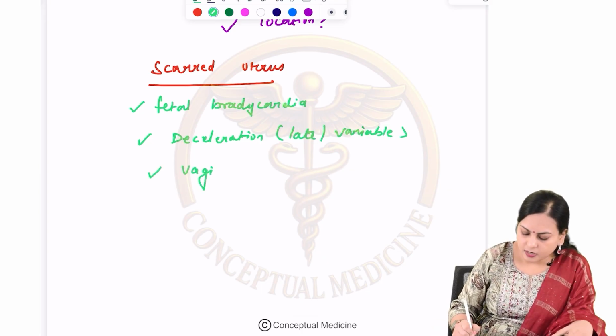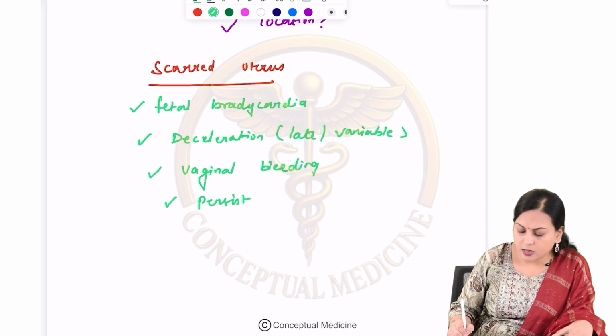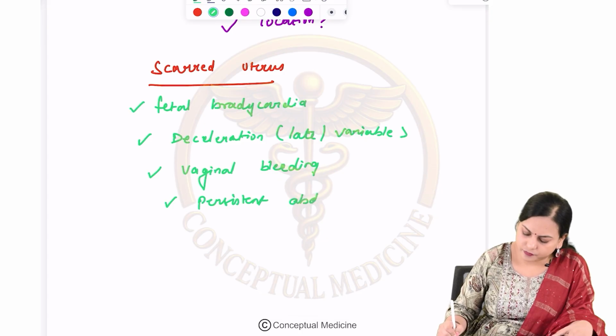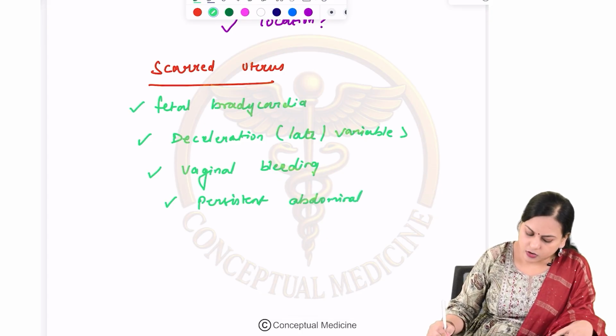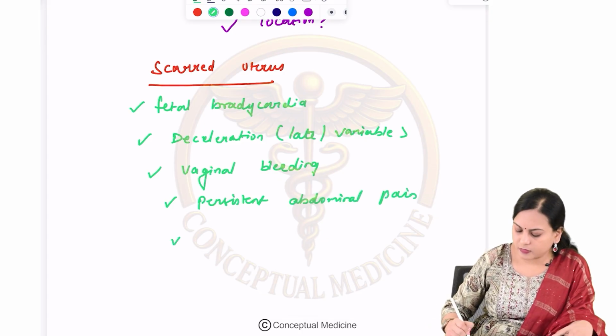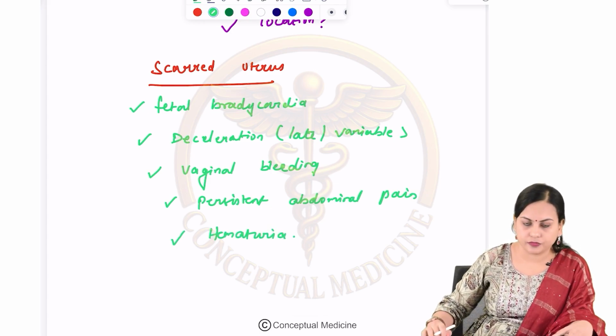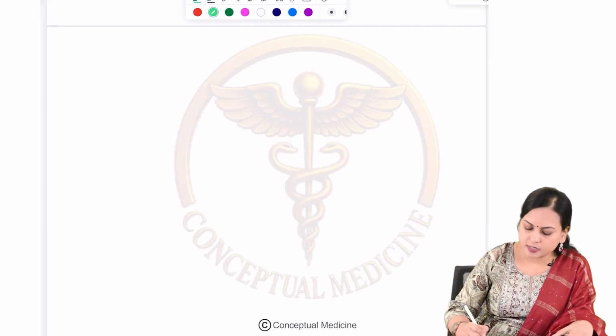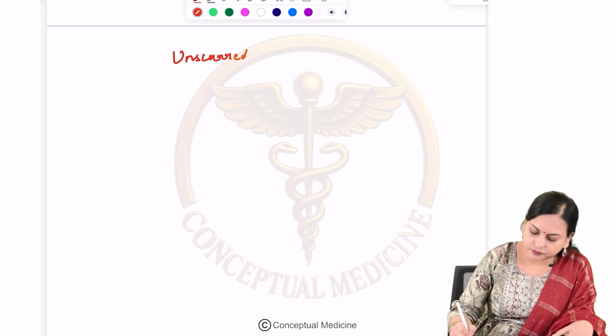Then there can be associated vaginal bleeding, persistent abdominal pain, or hematuria as well. Okay.